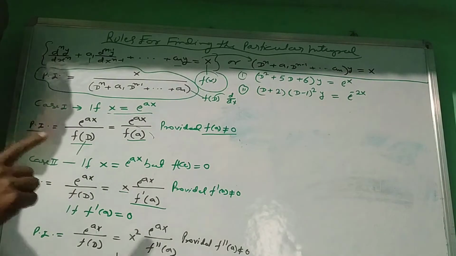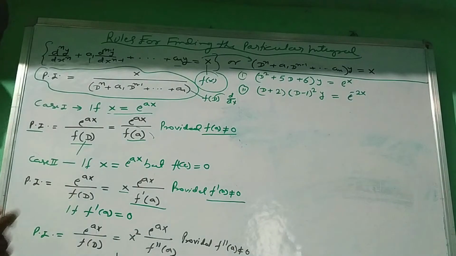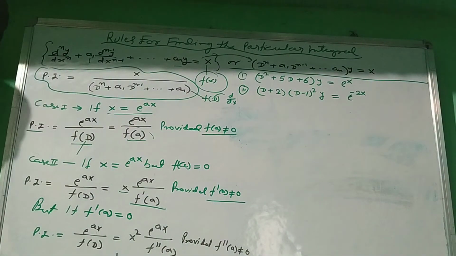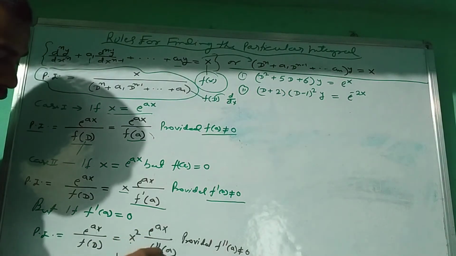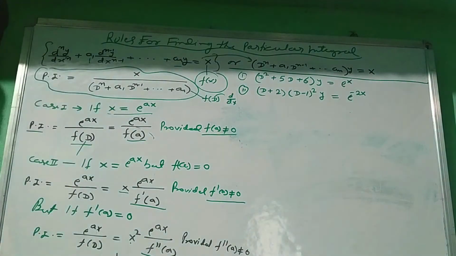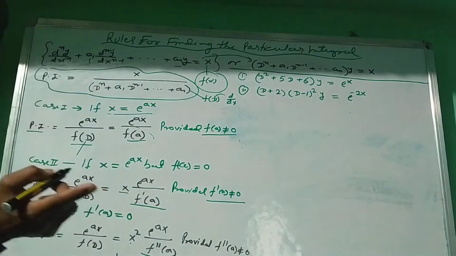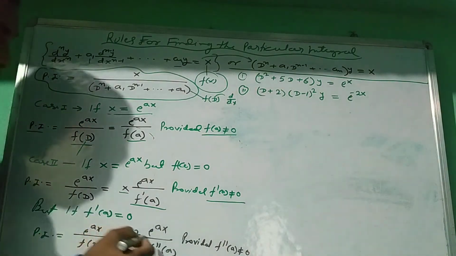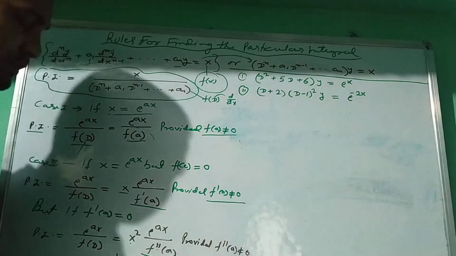Similarly, here f dash a is not equal to 0, but if again f dash a equal to 0, then the particular integral is x square e to the power ax upon f double dash a, where f dash a is the one-time differentiation of the denominator part with respect to D, f double dash a is a two-time differentiation of the denominator part with respect to D, and so on.